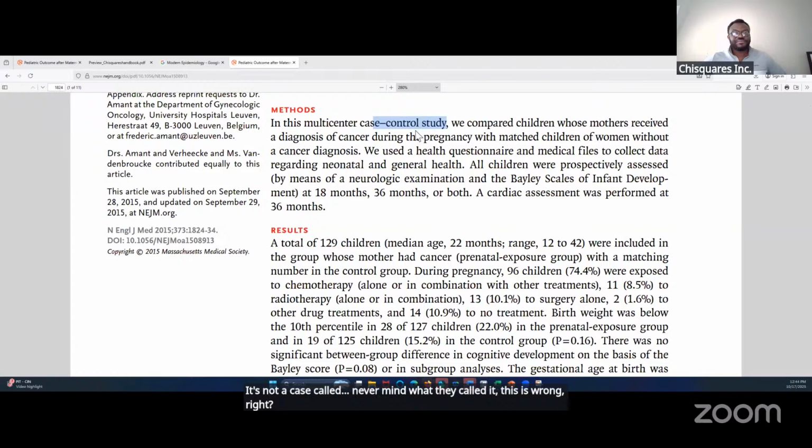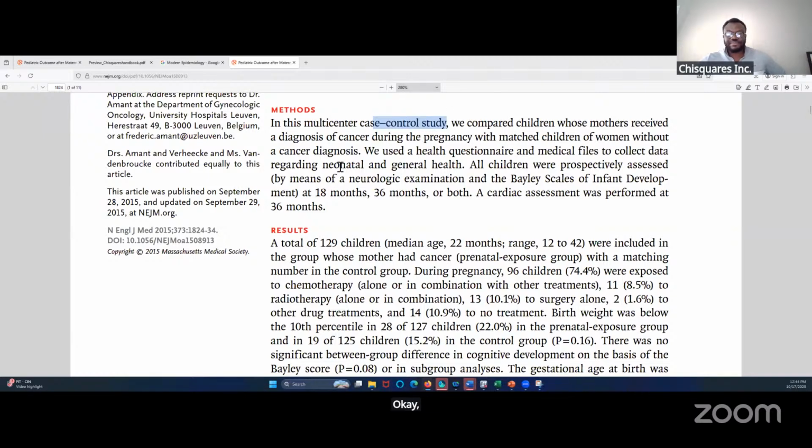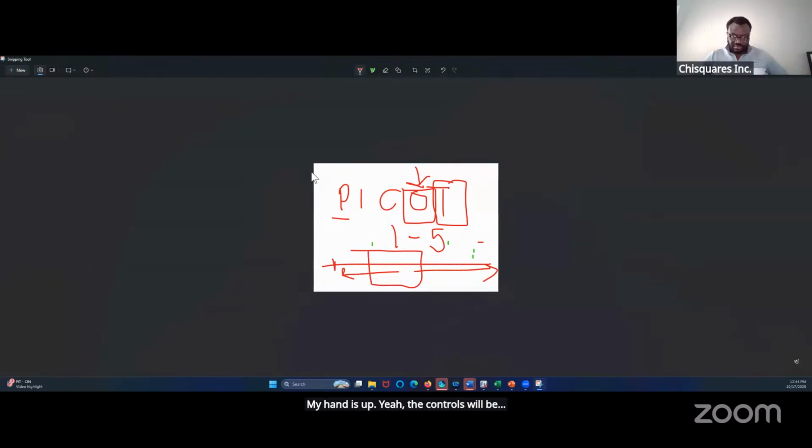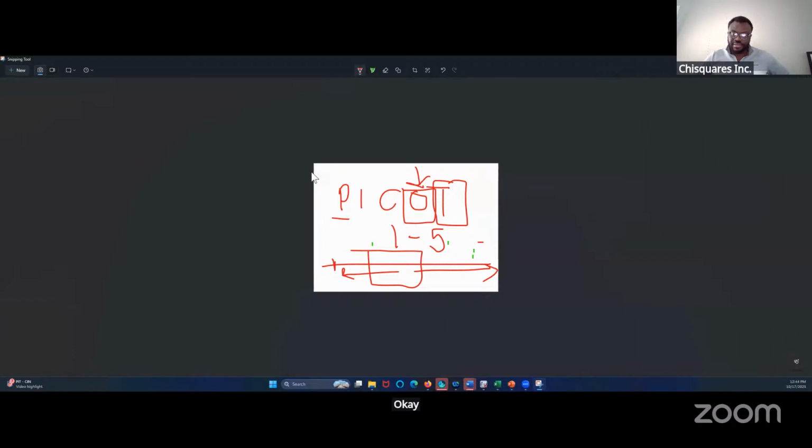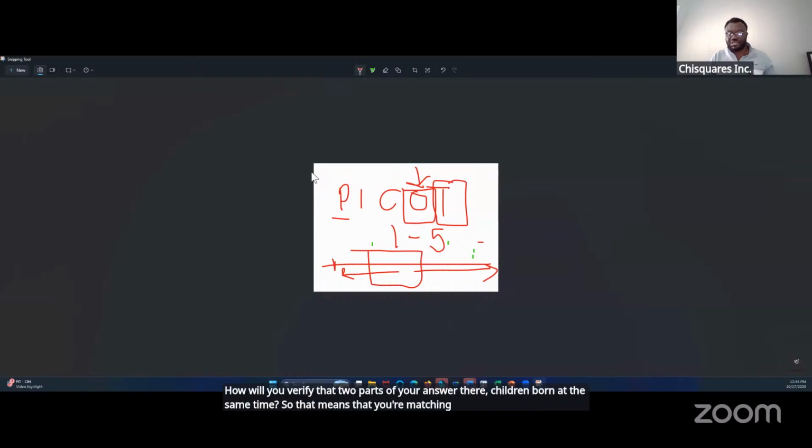Yeah, the controls will be children born at that same time without neurological issues. Okay. Thank you. How will you verify? There are two parts to your answer there. Children born at the same time. So that means that you're matching on what?